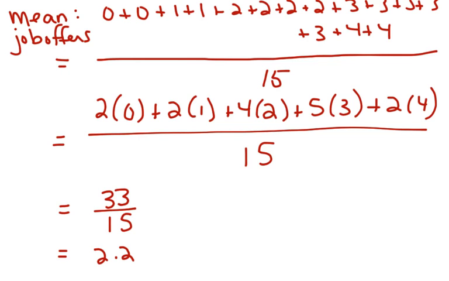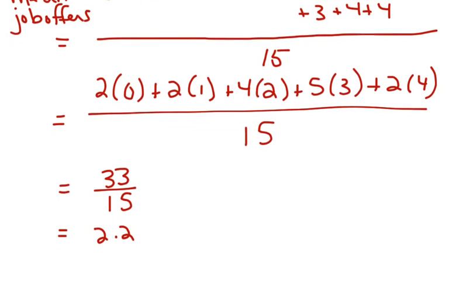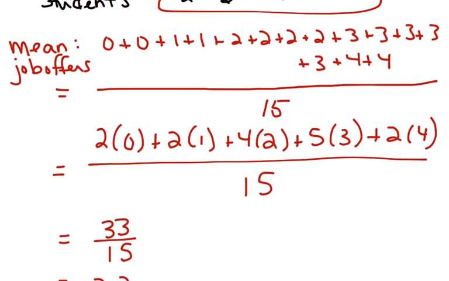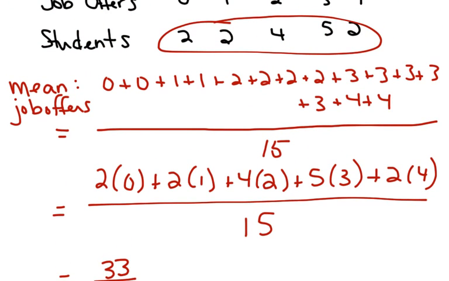After you find the mean, the next thing we want to find is the median. Well, I'm going to go back up here because I actually wrote all the numbers down in order from least to greatest. In order to find the median, we want to find the middle number.